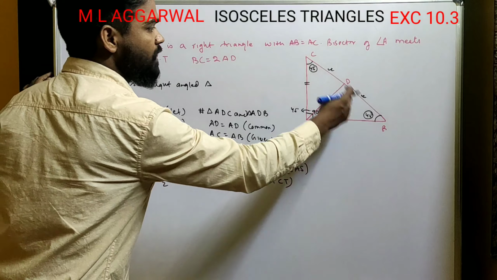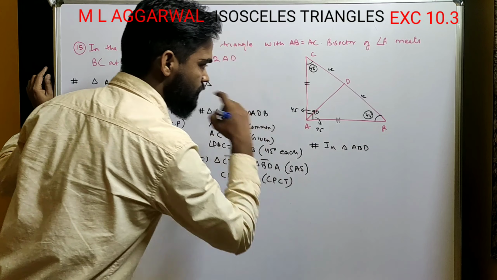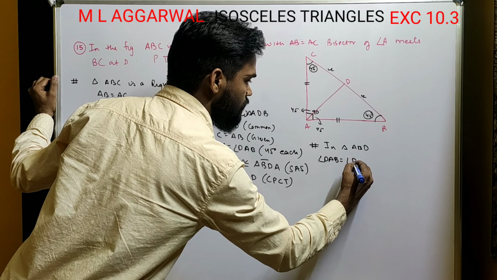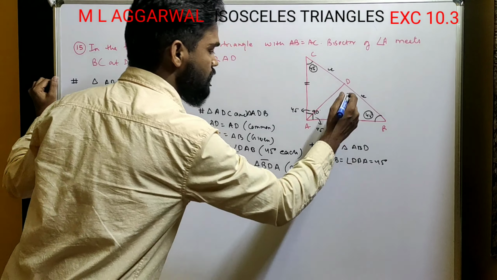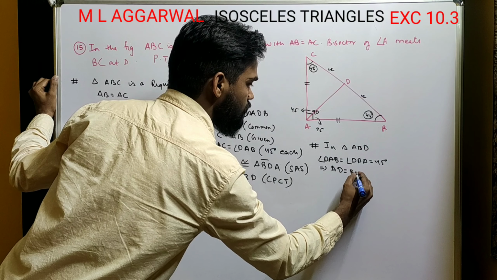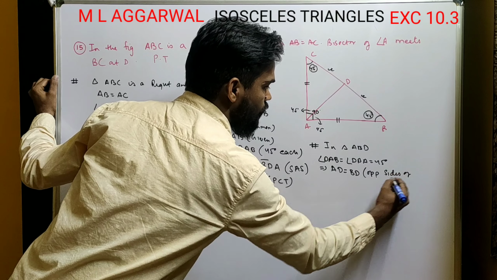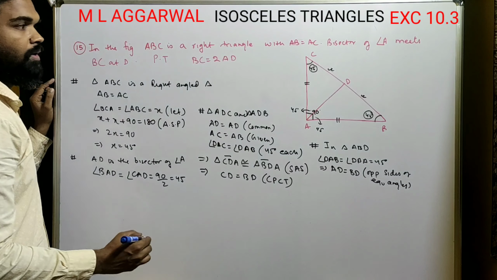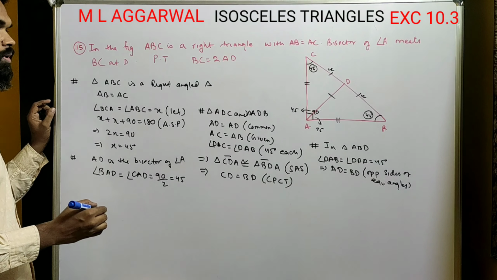In triangle ABD, look carefully, angle DAB is equal to angle DBA equals 45 degrees, which means AD will be equal to BD. Why? Opposite sides of equal angles, they will be equal, which means this and this are equal.